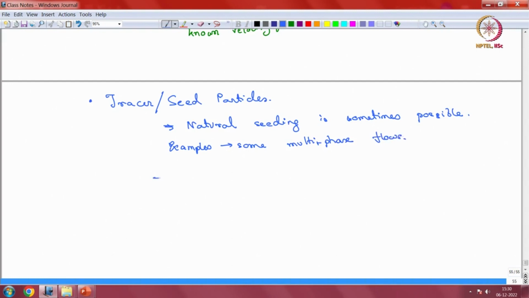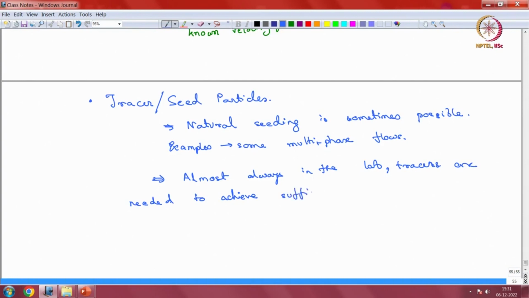But in lab cases, almost always, tracer particles have to be added. Tracers are needed to achieve sufficient image contrast, a signal.